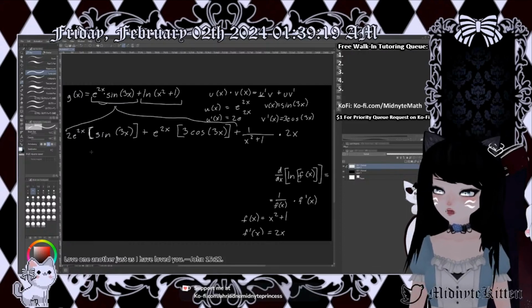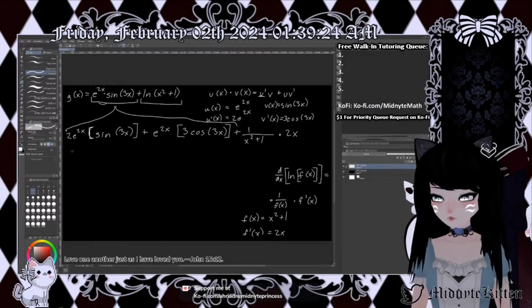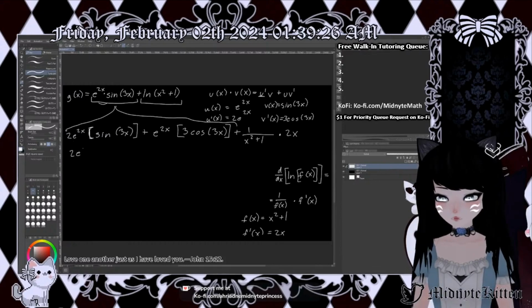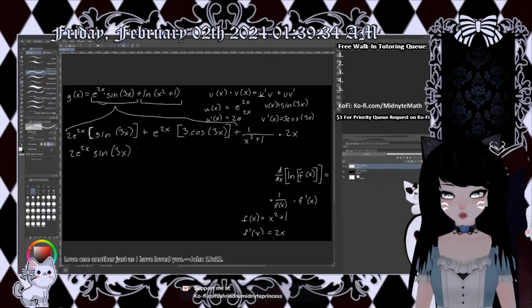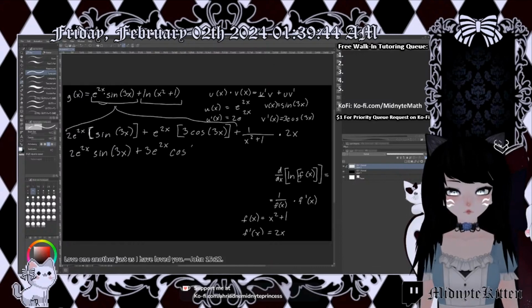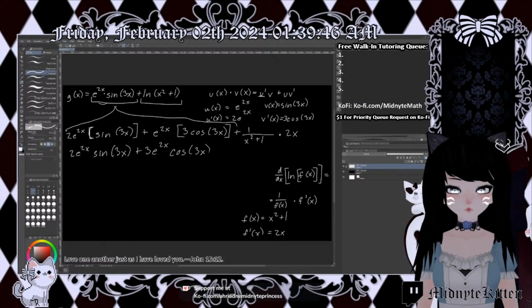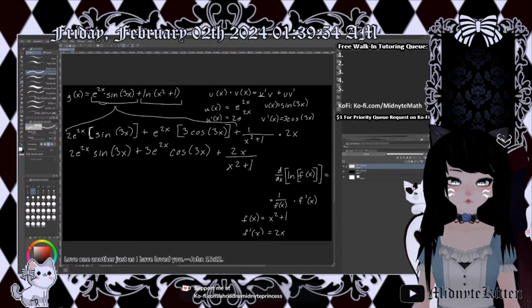Now we will simplify. Is there anything we can simplify? And we can drop the parentheses here. 2e to the 2x sine 3x plus, we can multiply this, 3e to the 2x cosine 3x plus 2x over x squared plus 1.